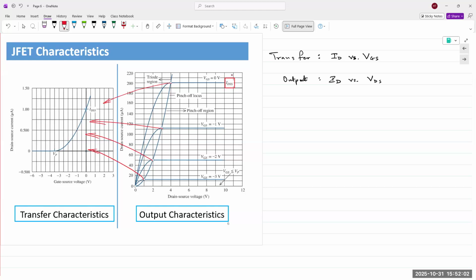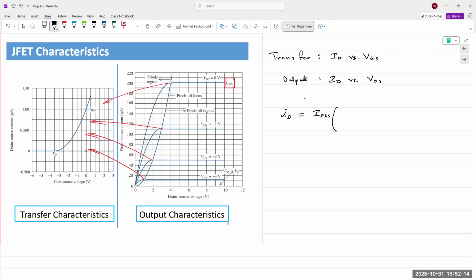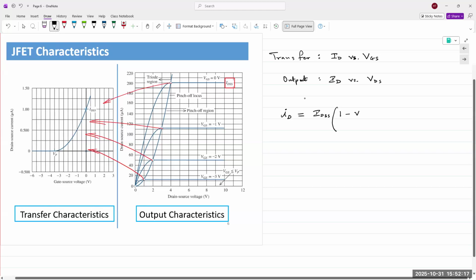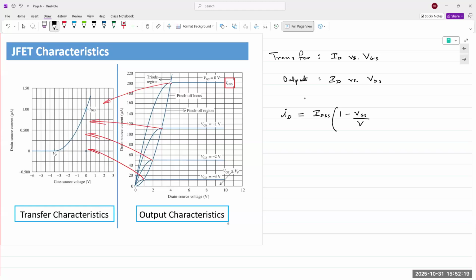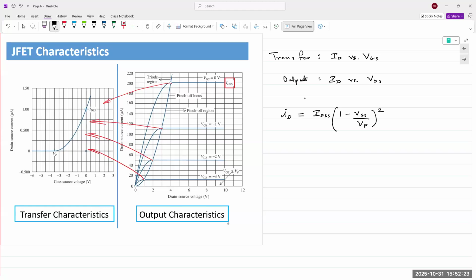The equation for the drain current ID can be given by ID is equal to IDSS. IDSS is manufacturer specified, but due to differences in doping, there is a wide range.